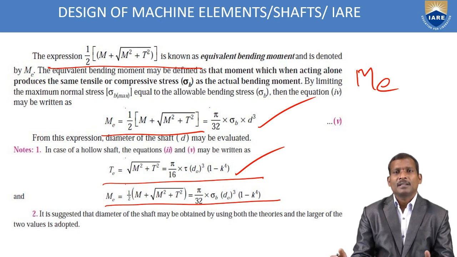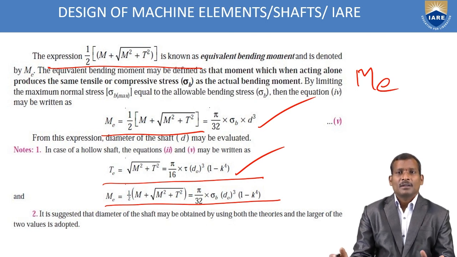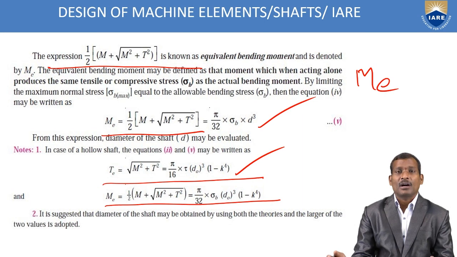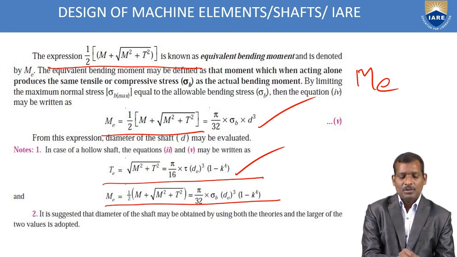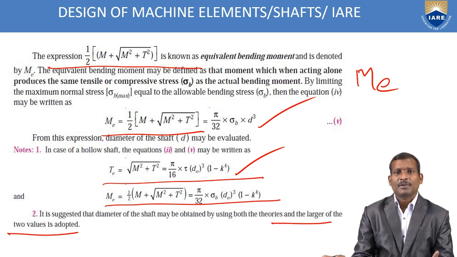So finally, it is suggested that diameter of the shaft may be obtained by using these two theories, and the larger of the two values is adopted. So which one is the larger value? That value you can fix as the final diameter of the shaft for our design.